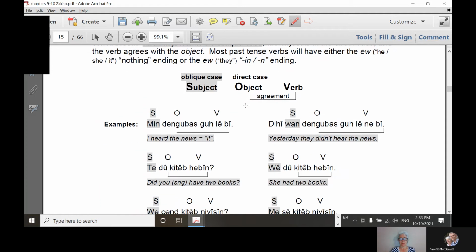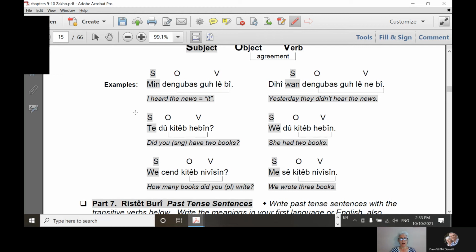So some examples. I heard the news. And the news is the same thing as saying it, okay? So dengubas is news. And so our verb is going to agree. Our verb ending is the nothing ending, and that's going to agree with it, which is the object.